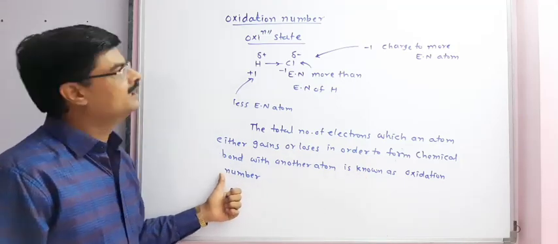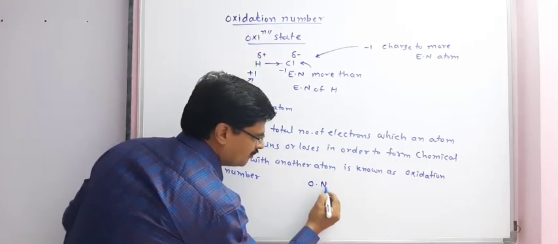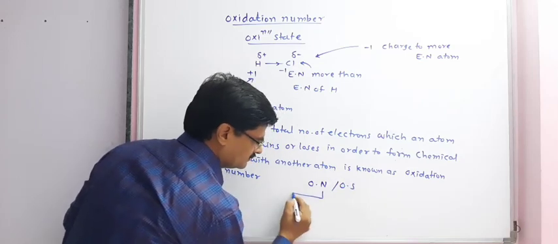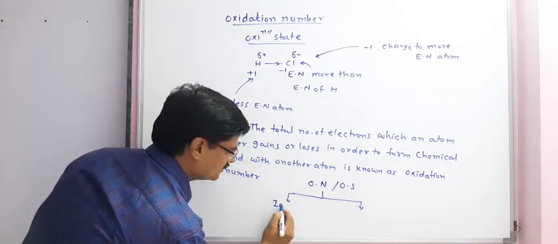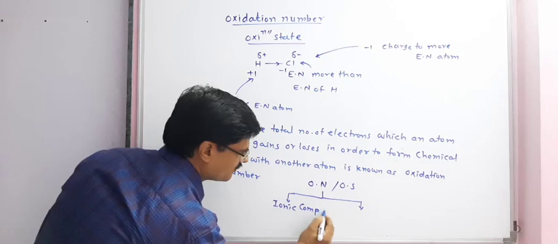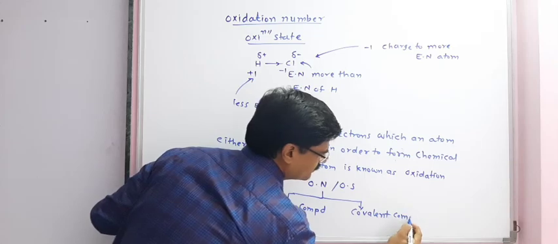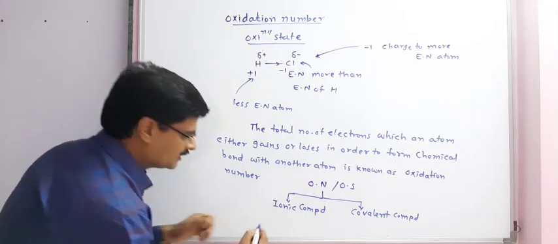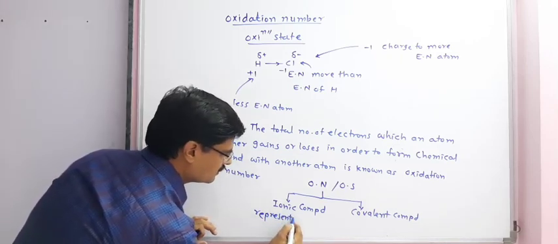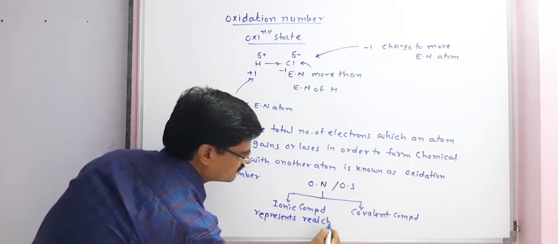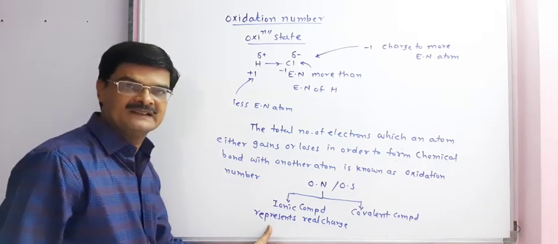Before we study anything related to oxidation number, we have to remember oxidation number or oxidation state for ionic compounds and for covalent compounds. In an ionic compound, oxidation number represents the real charge, like in the case of NaCl, Na plus and Cl minus.